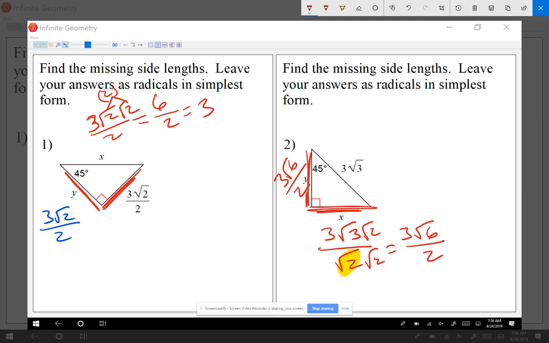But if you're going backwards, like you're starting from the hypotenuse, divide by radical 2. Any other questions on the 45-45-90, we're okay?